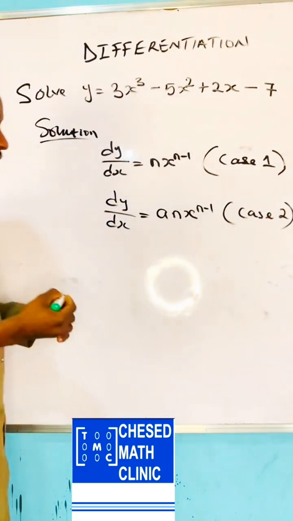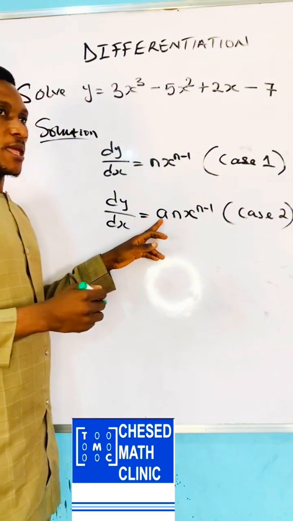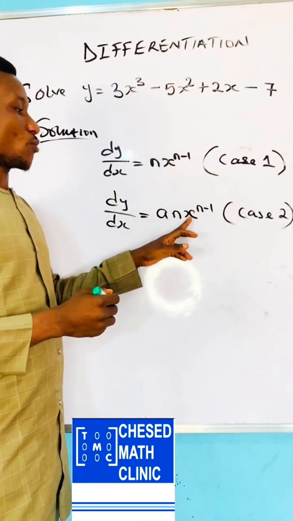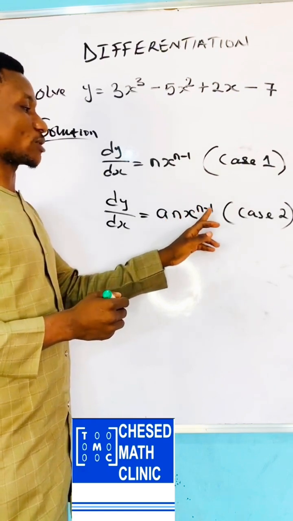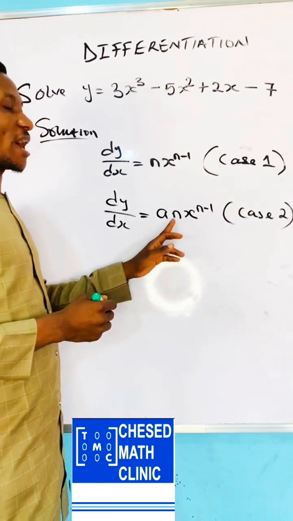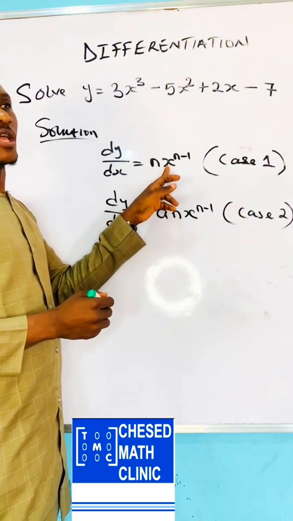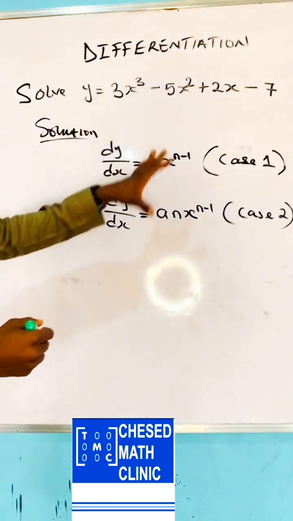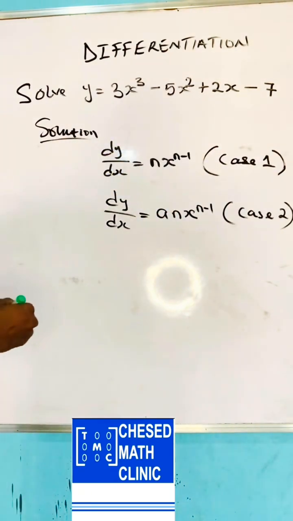So what do we mean in case 2? This a simply means that if a is the coefficient of this x, we multiply the power n by a and we subtract 1 from the power. In case 1, the coefficient of x is 1. That is why we have only n there. So now let us consider these two cases in solving this particular problem.